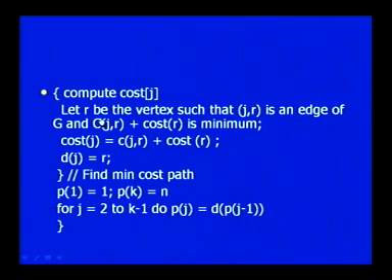So, we are choosing a vertex, and if we call that vertex R, we are choosing that vertex such that j comma R is an edge of G, and C of j comma R plus cost R is minimum.